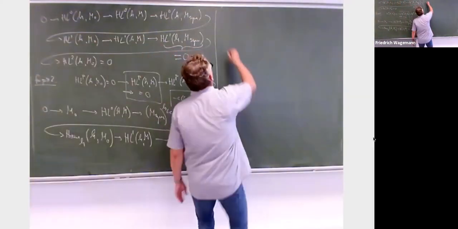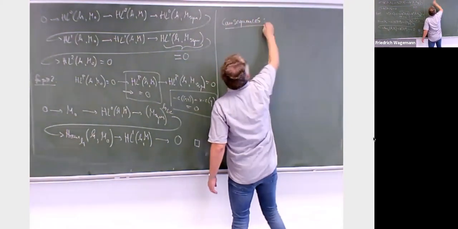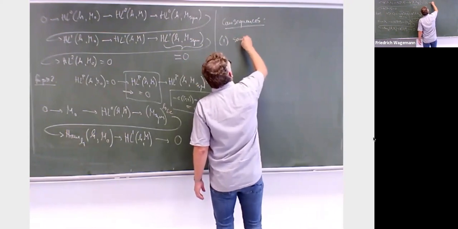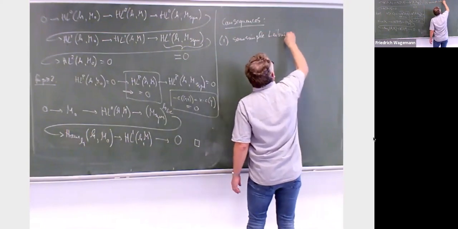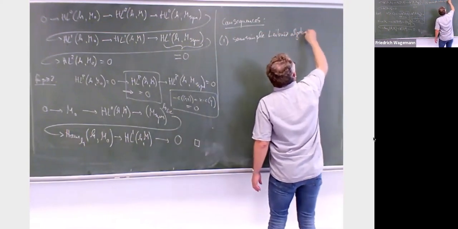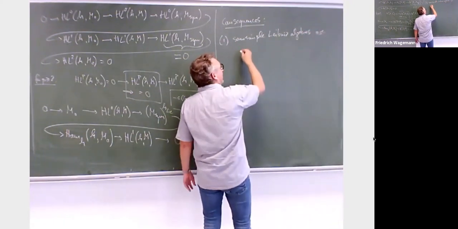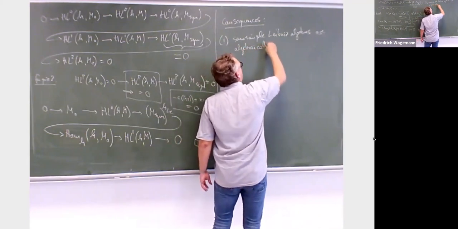Okay, then now let us talk first about some consequences. First consequence: semi-simple Leibniz algebras are algebraically rigid.